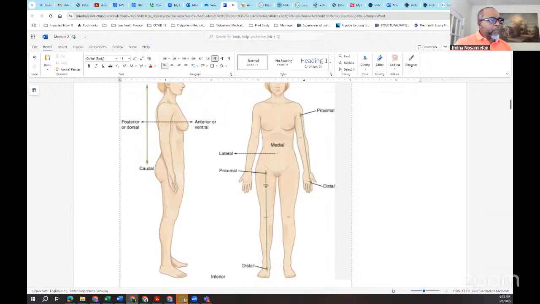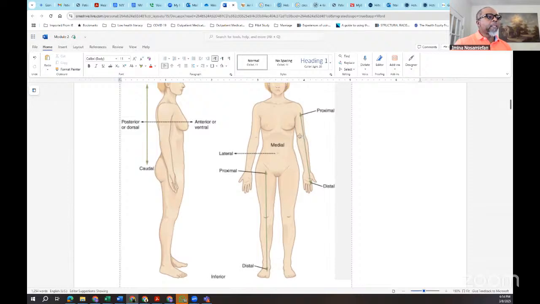So this place is proximal to this place. And the farther away from the trunk, you say it is distal. So this place is distal to this place. So proximal, distal.